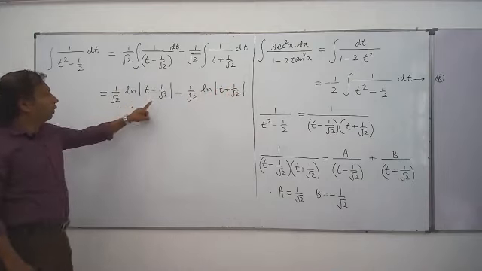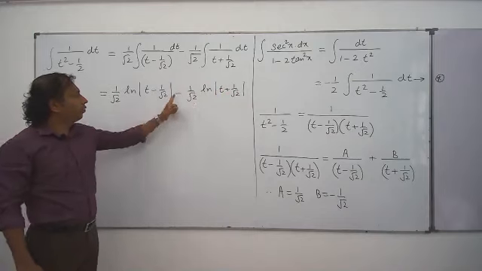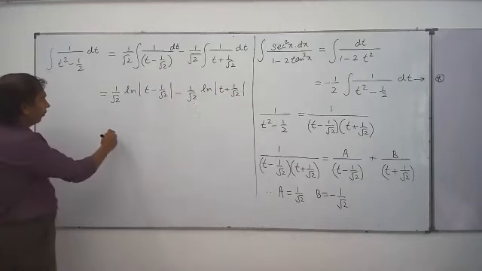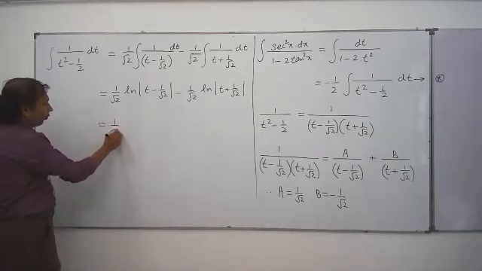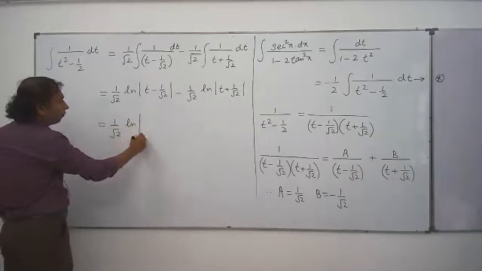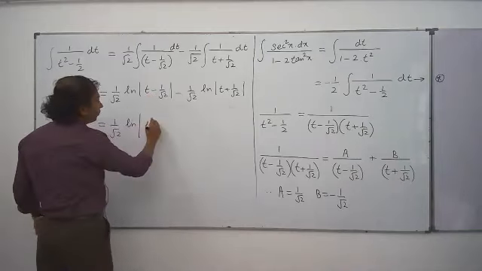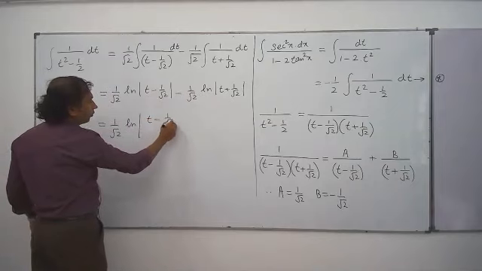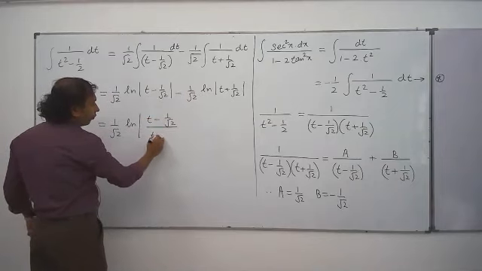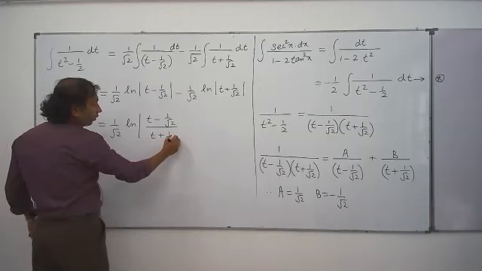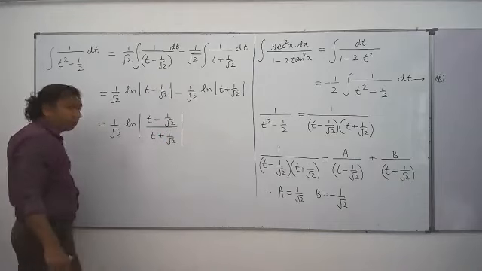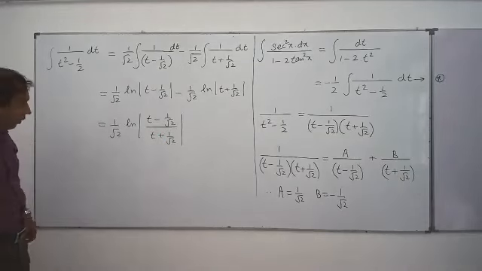This 1 over root 2 here and here you can take out. Ln difference we can write as a fraction, no? 1 over root 2 ln this divided by this. You see, we can write. But t is tan x, right?